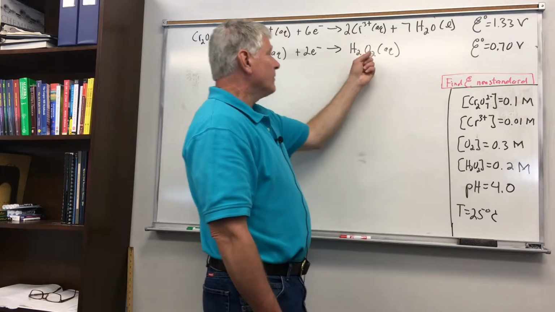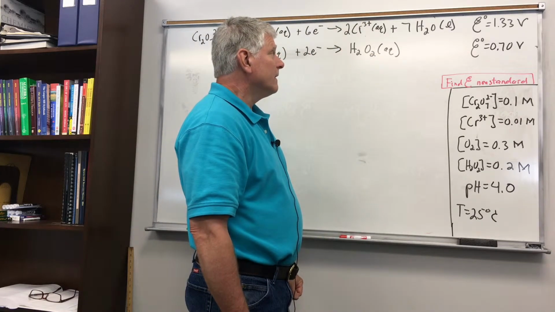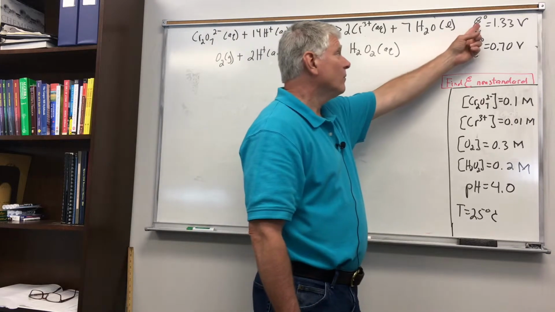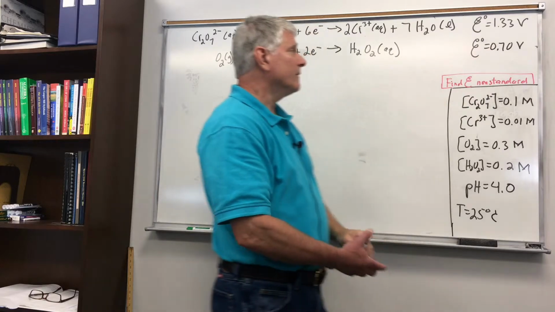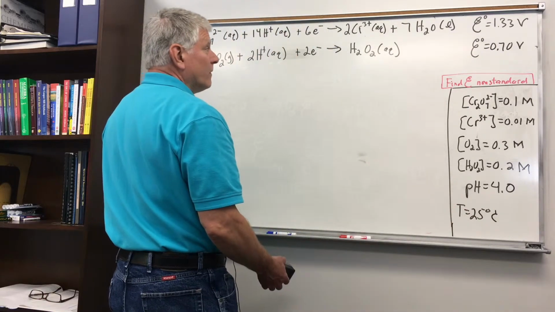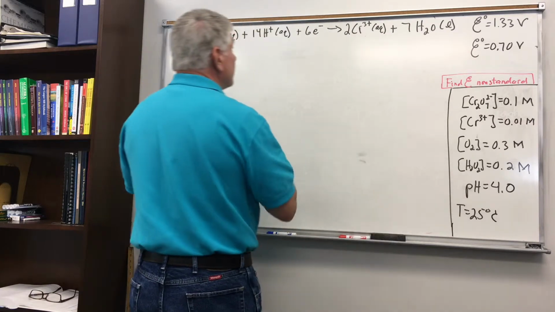So if I reverse the bottom reaction and keep the top reaction as a reduction, then I would have 1.33 minus 0.7, which is positive for the standard cell potential. So I'll write this reaction in reverse.